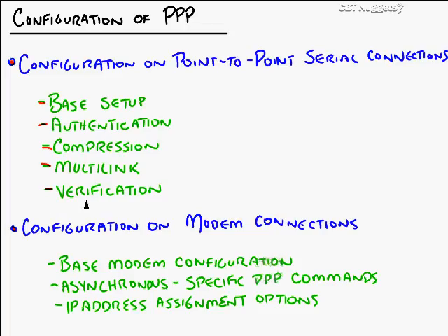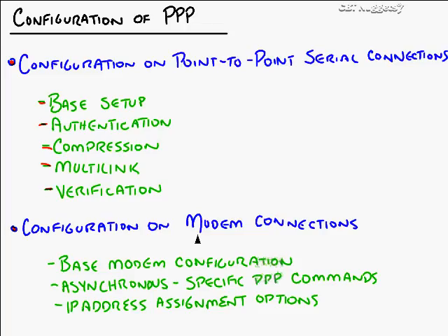Then I'll get into the configuration of modem connections. And the goal for that small section will be simple. When you're done there, you'll be able to set up your own internet service provider. Okay, not the whole thing, but at least the segment of the internet service provider that receives calls from users. I mean, there's still a lot of users out there that are using modems to dial up to the internet.